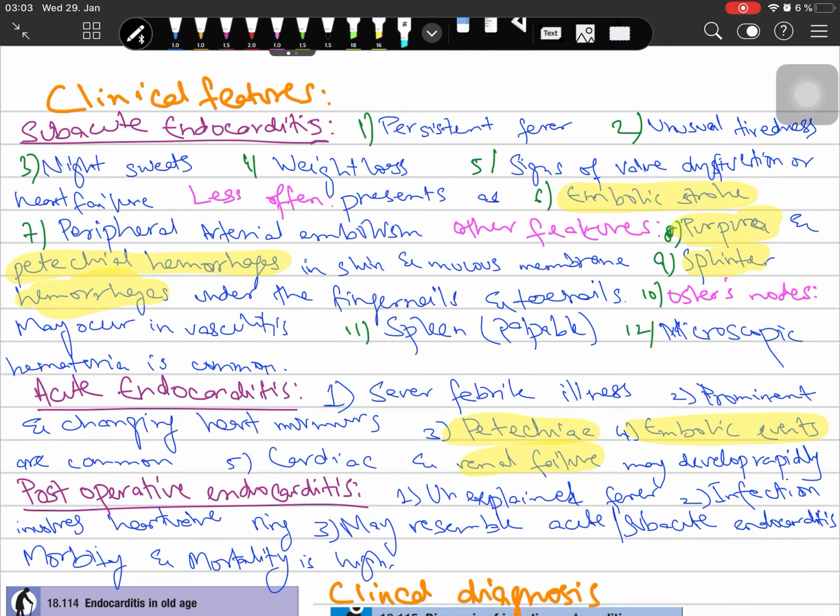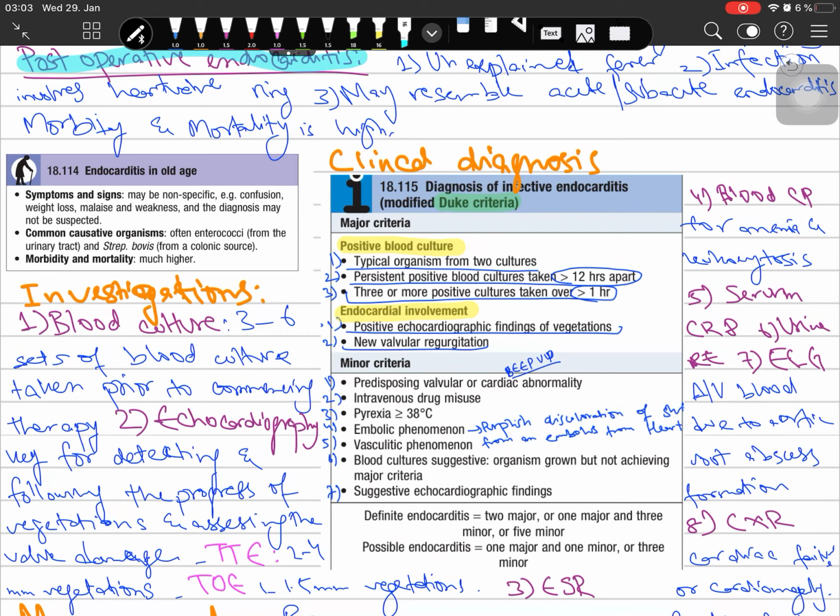After that, the clinical features including signs and symptoms in different forms of endocarditis: subacute endocarditis, acute endocarditis, post-op endocarditis. Some of the text from the book was copied as it is into my notes, because first of all, in this app I can do that easily, and I have explained it in a previous video, and because it was more concise.